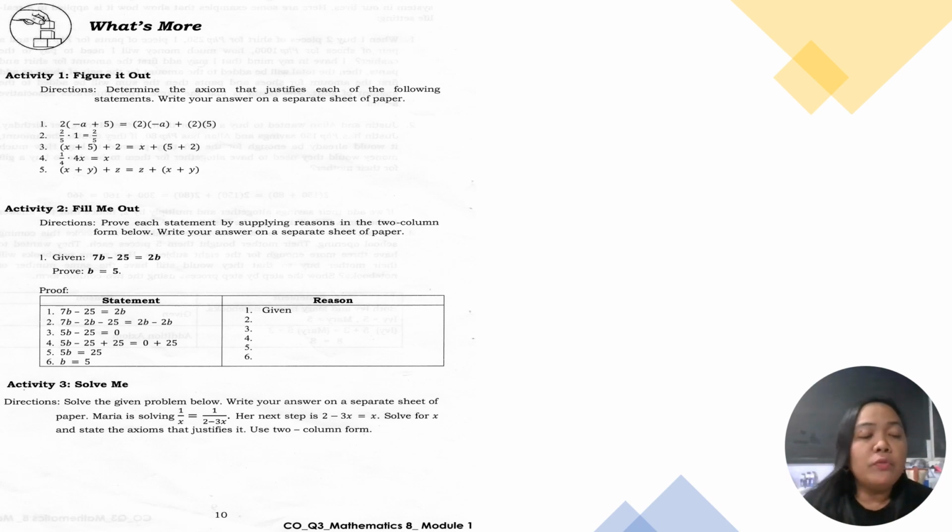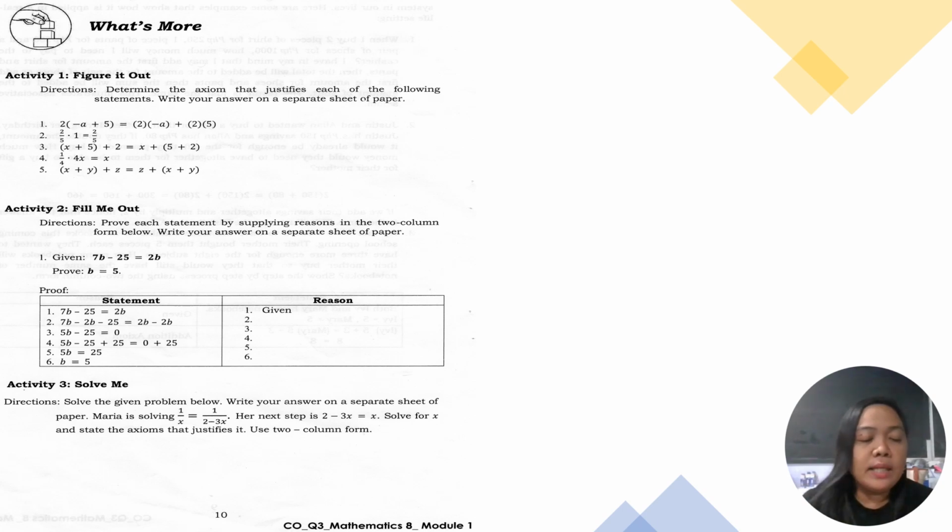What you're going to do for activity number 2 is to prove each statement by supplying reasons in the 2-column proof provided in your answer sheet. You have the given 7b minus 25 equals b. You need to prove that b is equal to 5, or the value of b is equal to 5. So use there the given proof for statement and reason. You need to supply the reasons.